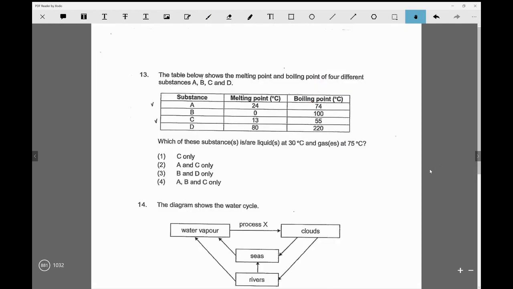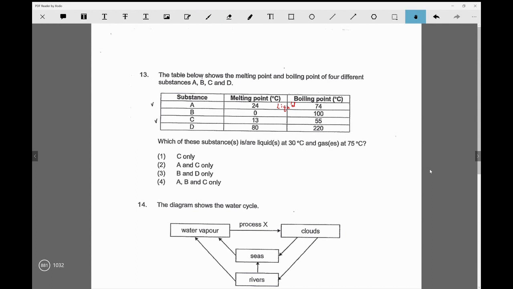Okay, so let's look at 30 degrees Celsius first. At 30 degrees Celsius, substance A has already melted, so it is a liquid. For B, at 30 degrees Celsius, it already melted and it haven't boiled.